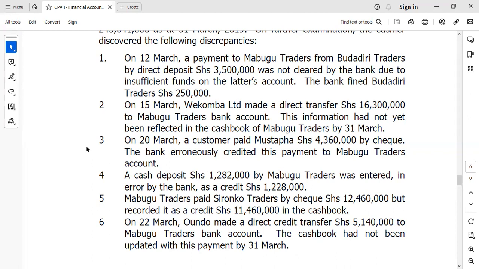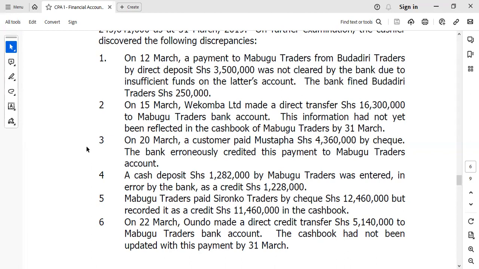So what you have to do, the bank will have to debit Mabugu Traders account to cancel out the credit that was made.